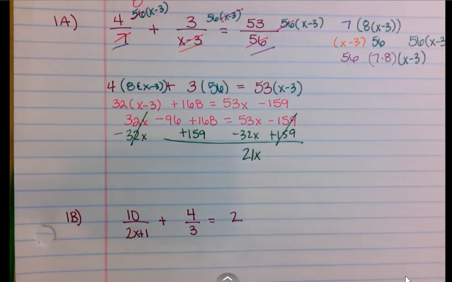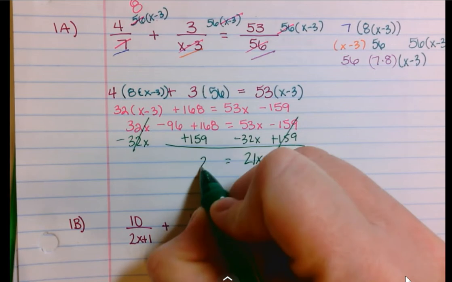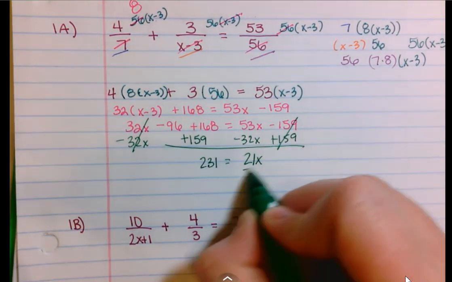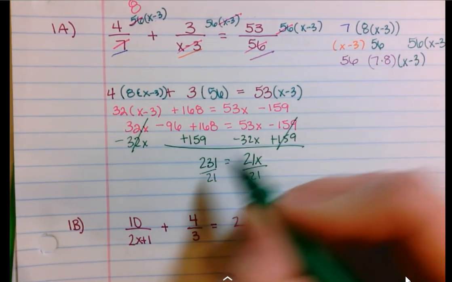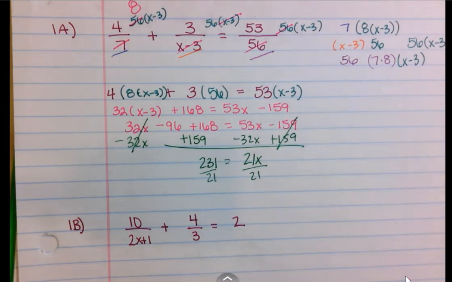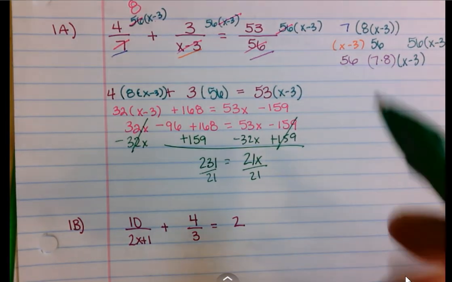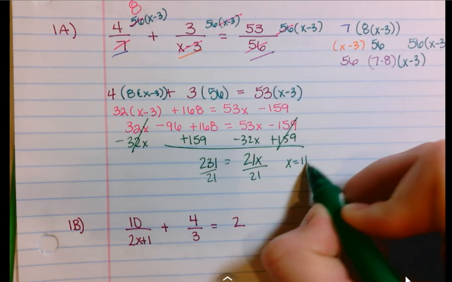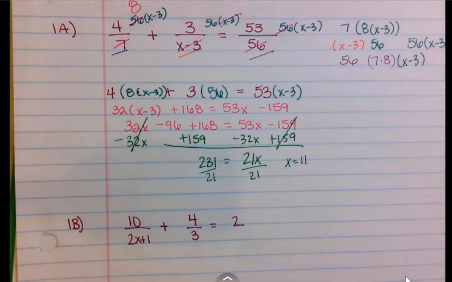Negative 96 plus 168 plus 159 gives me 231. Divide by 21, divide by 21. X equals 11. So now you should plug it back in.